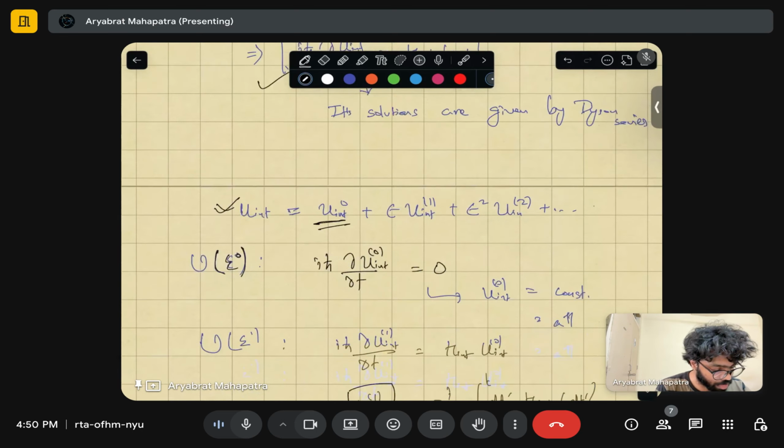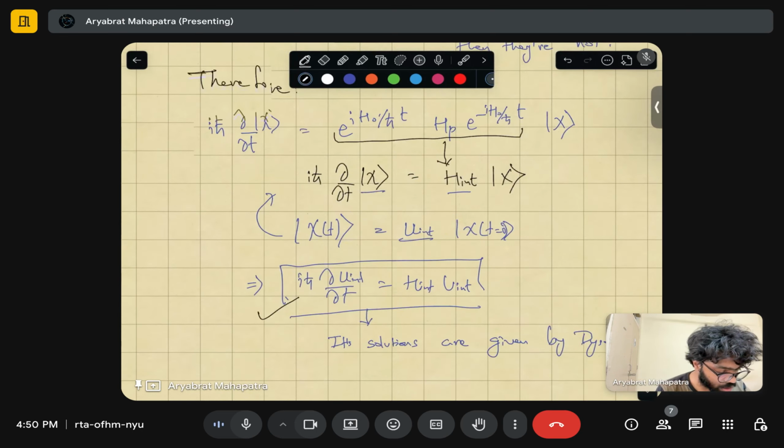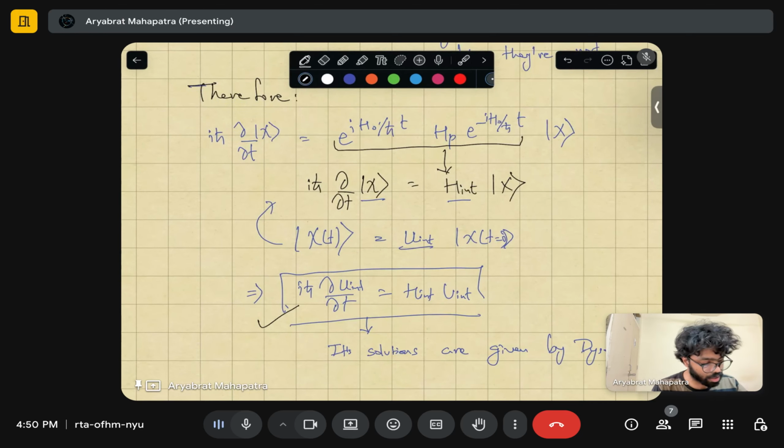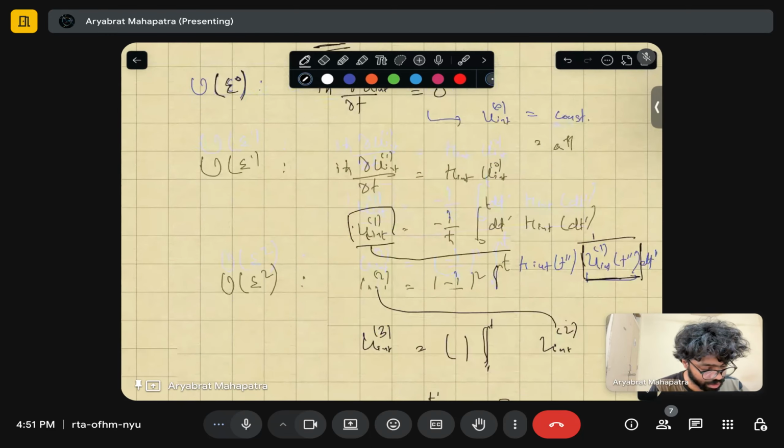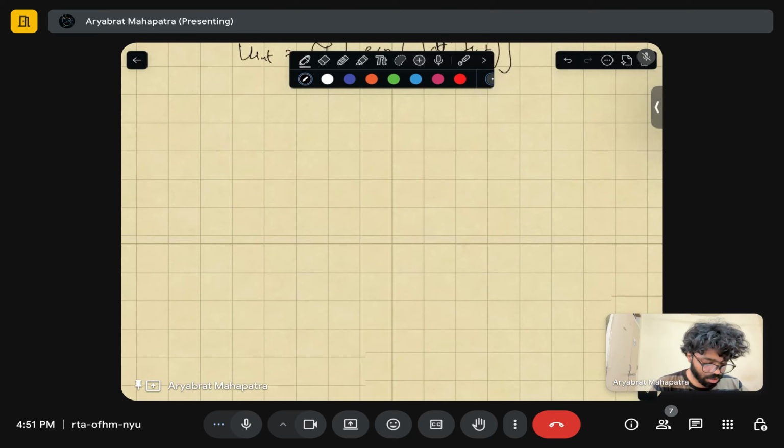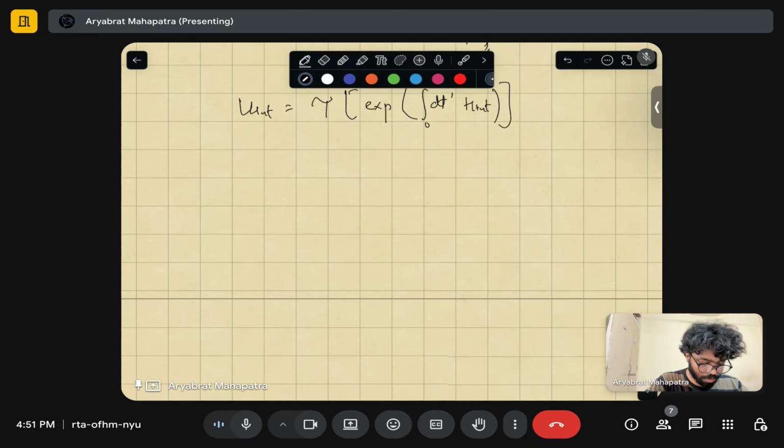We can see an example, but we will not be going through this Dyson series, which is not required at the moment for the problem we'll see.